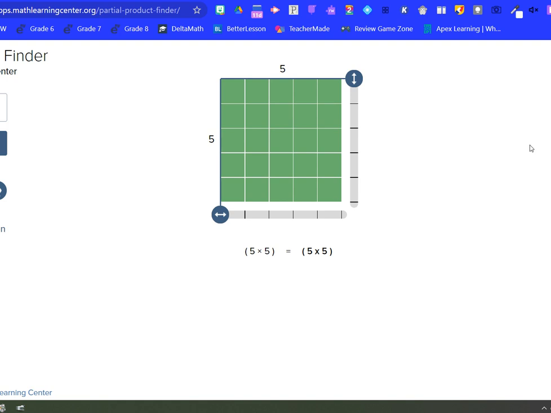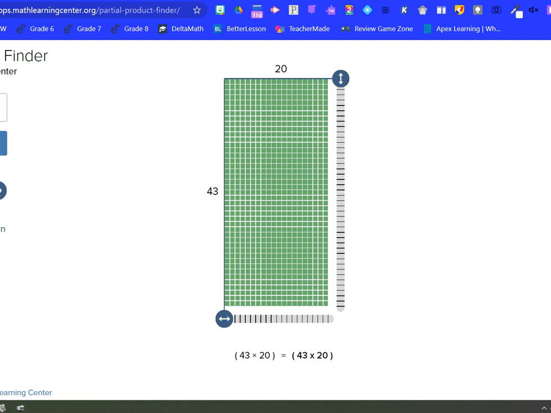After you have that typed in, go ahead and click Make, and notice the shape that it makes. In order to make this an easy to multiply problem, we notice that the 20 is a really easy number. So instead of doing 43 times 20, we're going to make it an easy number. We're going to go down and make it 40 plus 3.